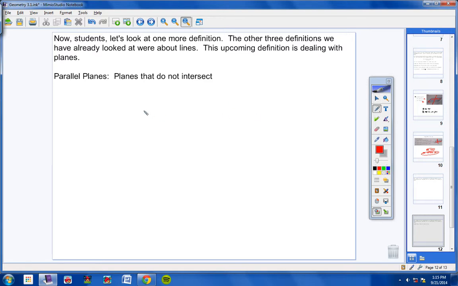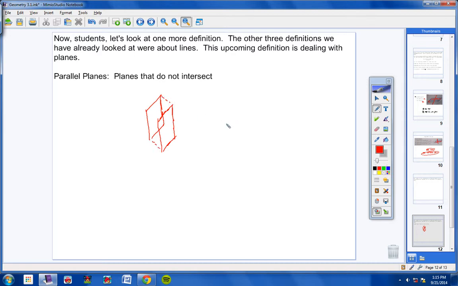Now, I will try to draw this, but I don't have a lot of artistic skills. But the best thing for me to say to you is, let's pretend that there's a little gap right here.